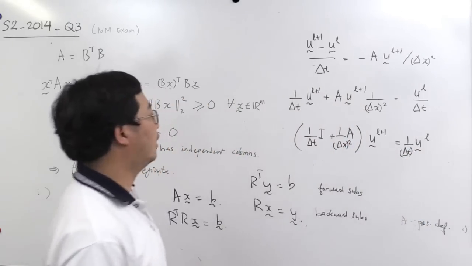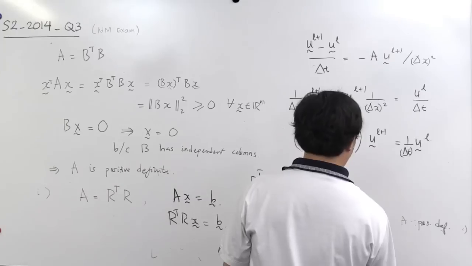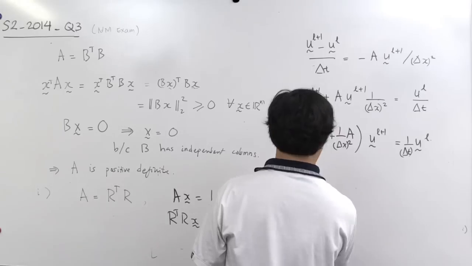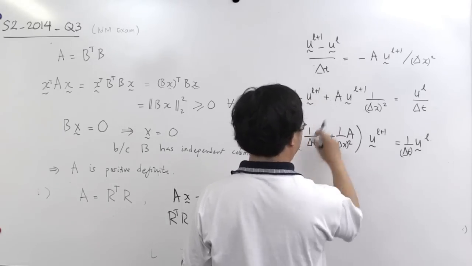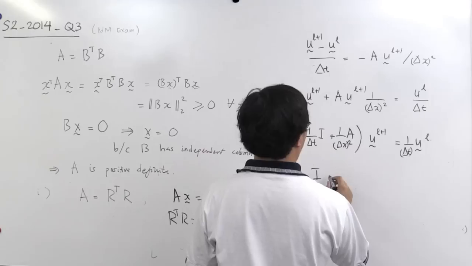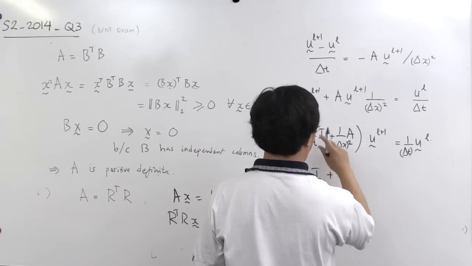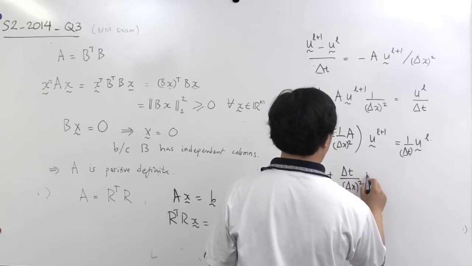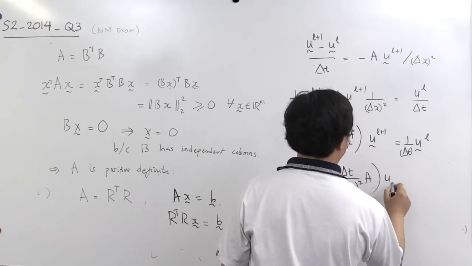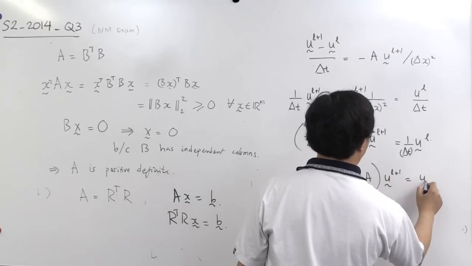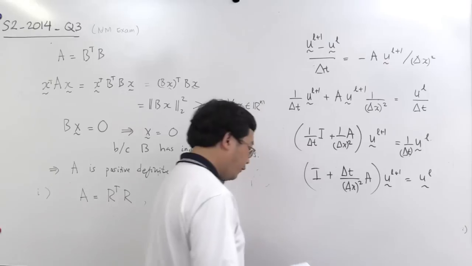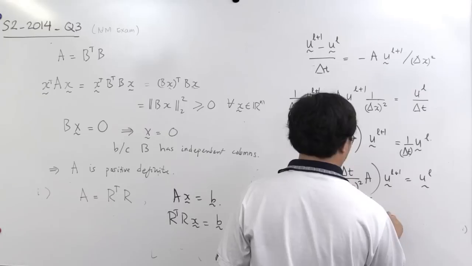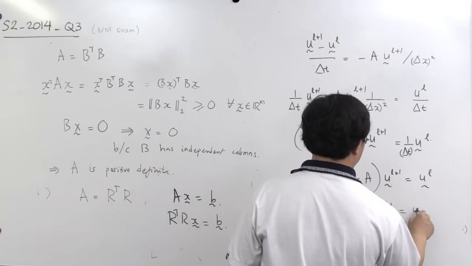And you can simplify delta t. Then you just have the identity here, and you have delta t divided by delta x squared A, times U^(l+1) equal U^l. This is the form: the matrix K multiplied by U^(l+1) equal U^l.